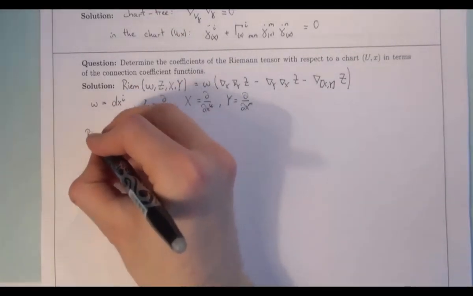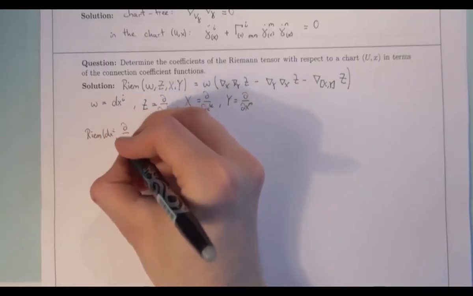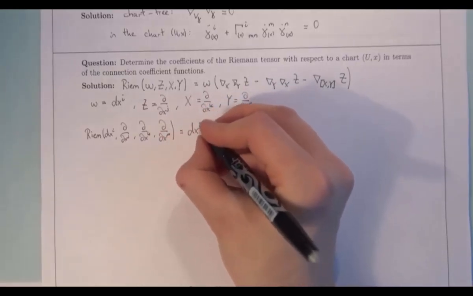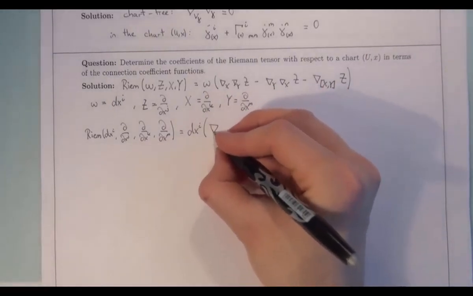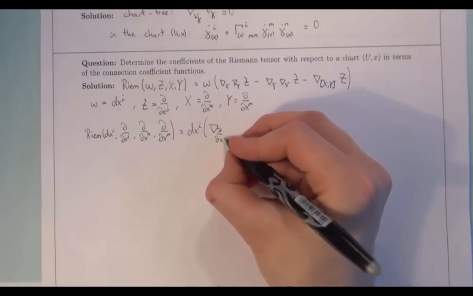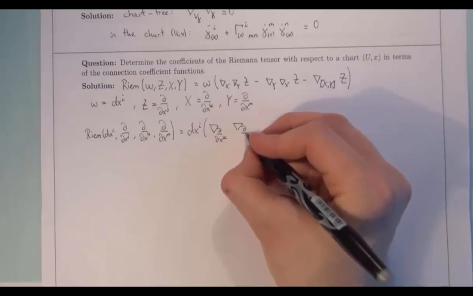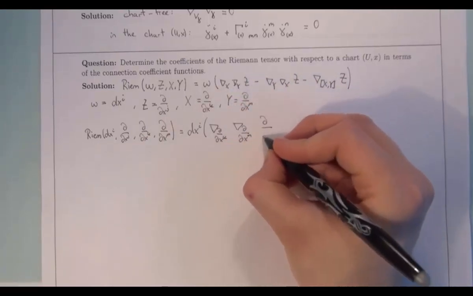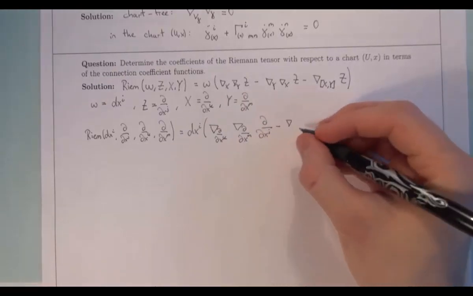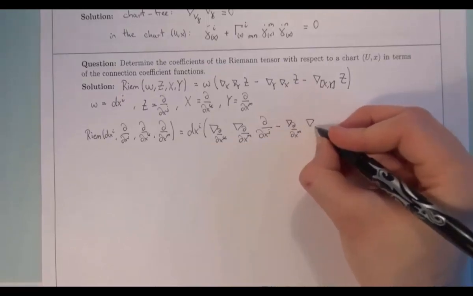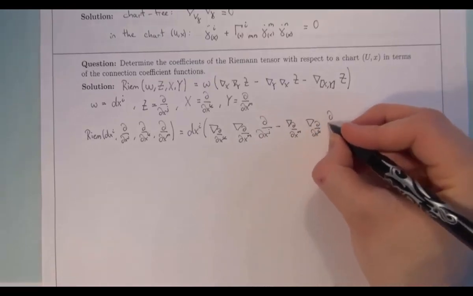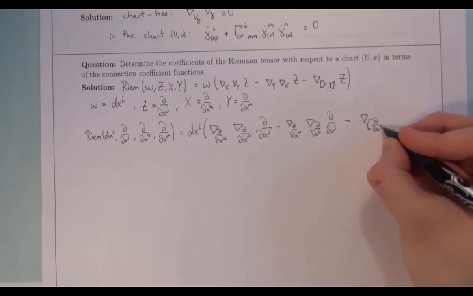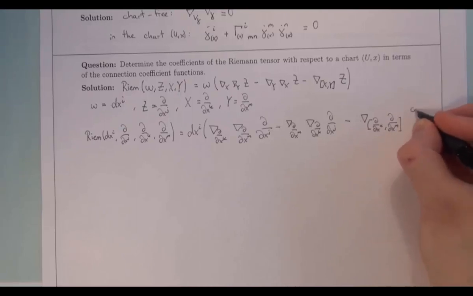So we find that Riem of dx i, del xj, del xk, and del xm is, we just plug in, dx i acting on nabla with respect to del xk, nabla with respect to del xm acting on del xj, minus nabla with respect to del xm, nabla del xk acting on del xj, minus nabla of the commutator of del xk with del xm acting on del xj.